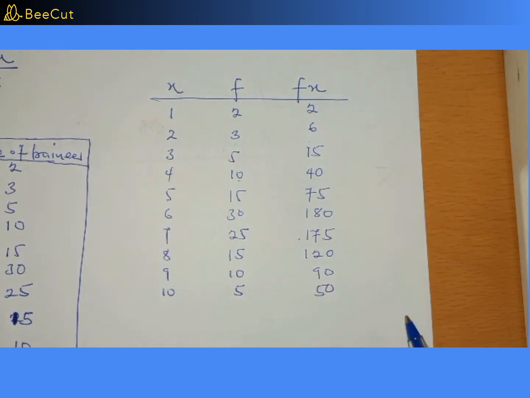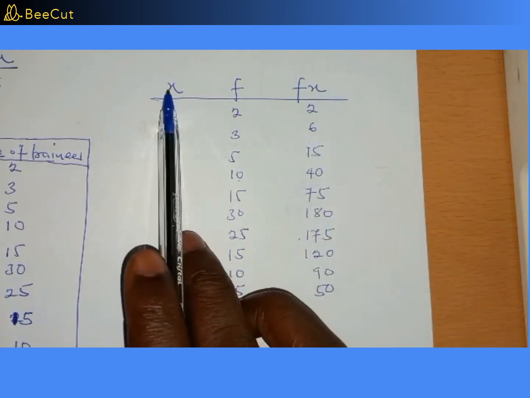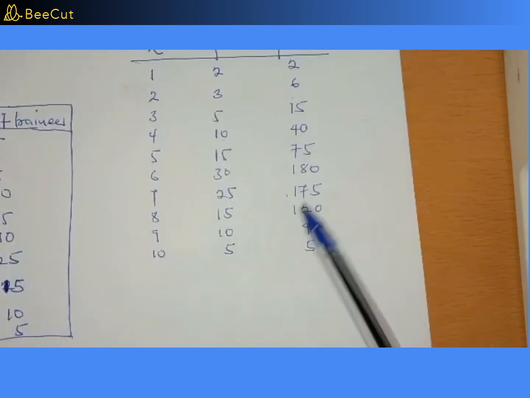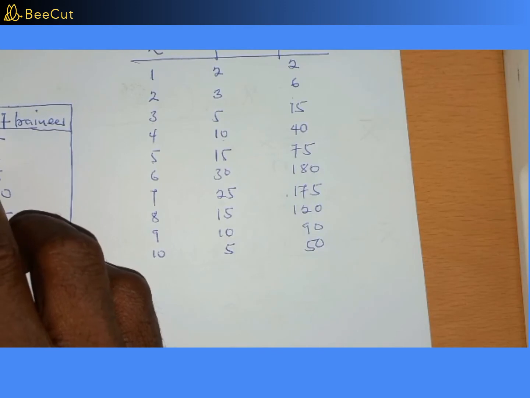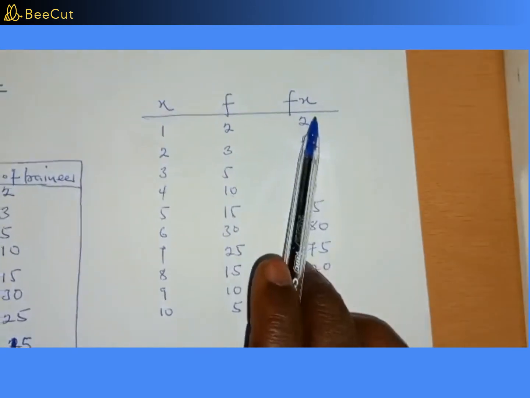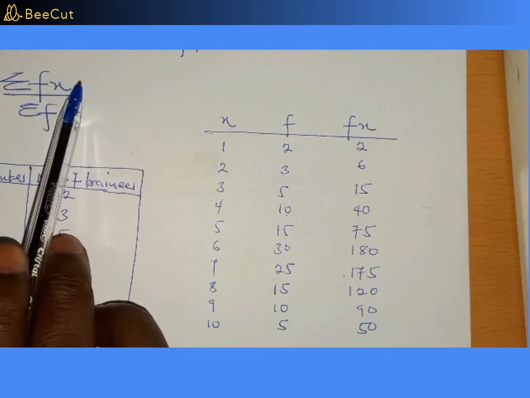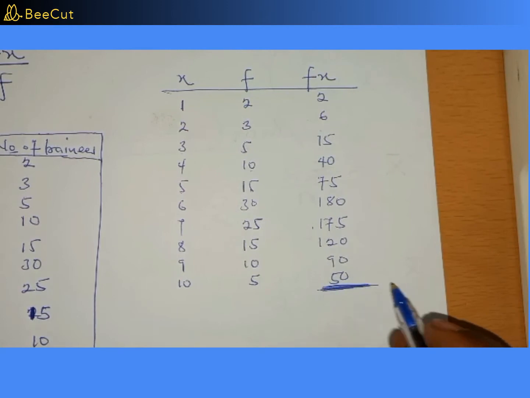So we are saying that whenever you want to get your fx, you have to multiply the x values by the f values, and that gives you fx. Now, the sigma here is telling us that we are supposed to sum up the fx. So we sum up the fx values, and so we are going to have sigma fx.